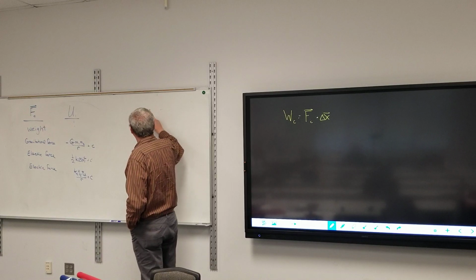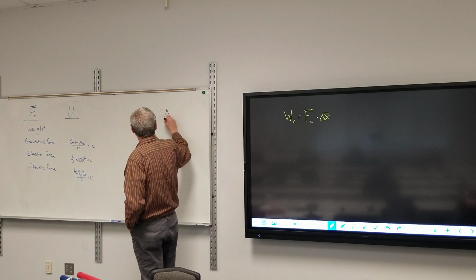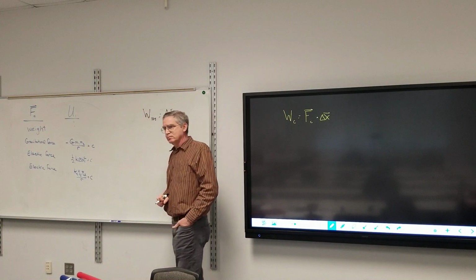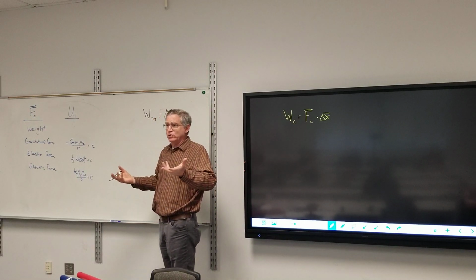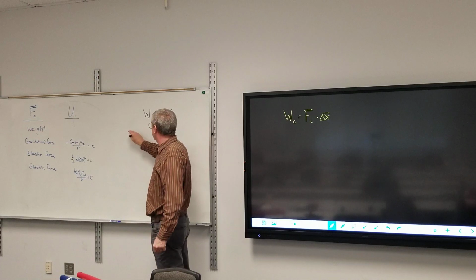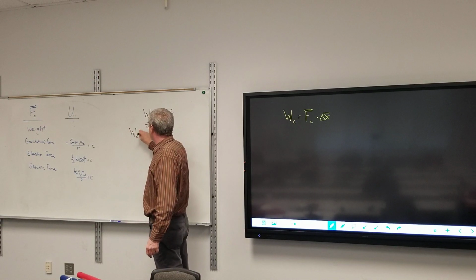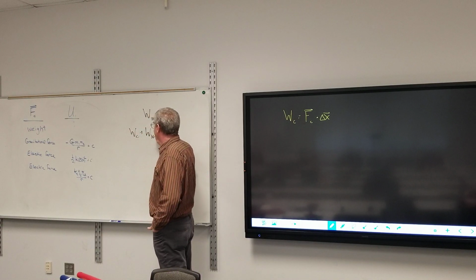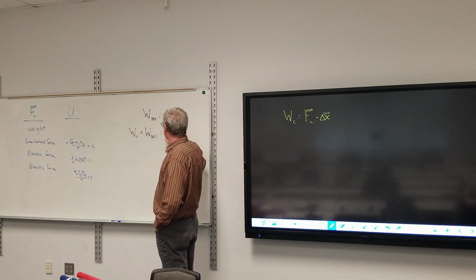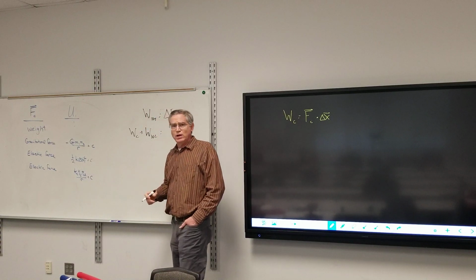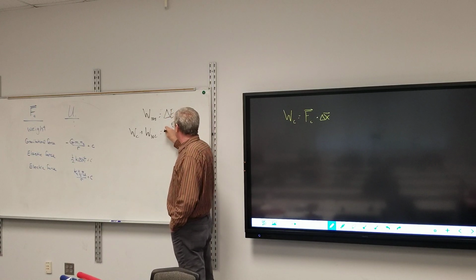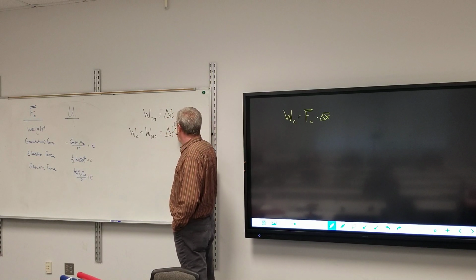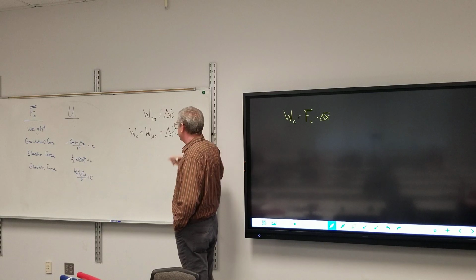I know that the total work is equal to the change in energy. Total work means all of the work. I have only two types, conservative and non-conservative. So this is conservative work plus non-conservative work. That's my total, is equal to the change in energy. Well, I have only two types of energy I'm dealing with here, kinetic and potential. So that's equal to the change in kinetic plus the change in potential energies.